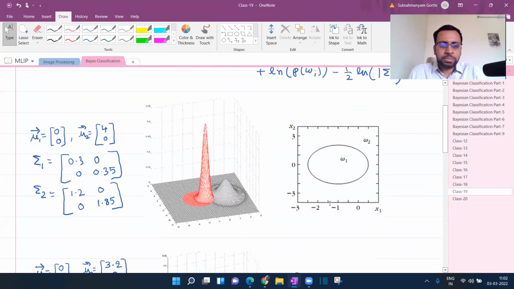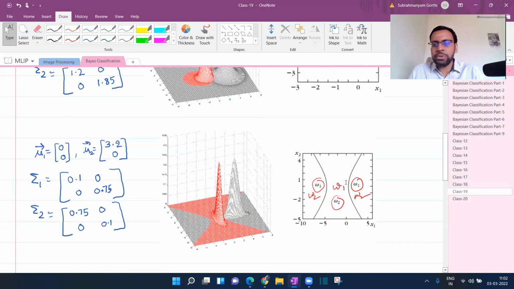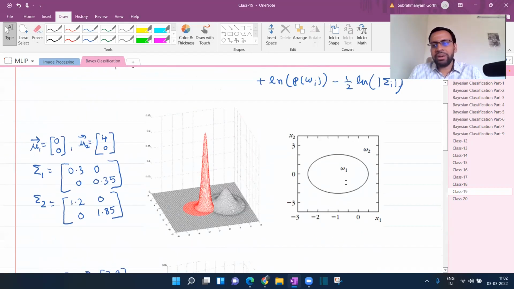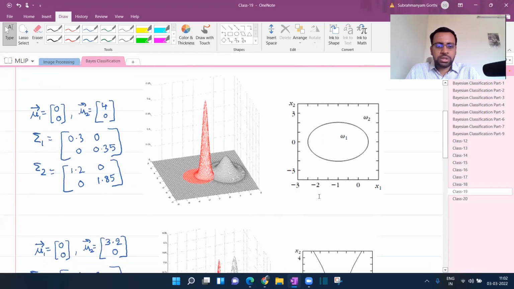The first example was the case where you have an elliptic boundary. The second example is where you have a hyperbola as your decision boundary. And we have also seen in theory that if the on-diagonal elements are the same with zero off-diagonal elements, this would be a circle.